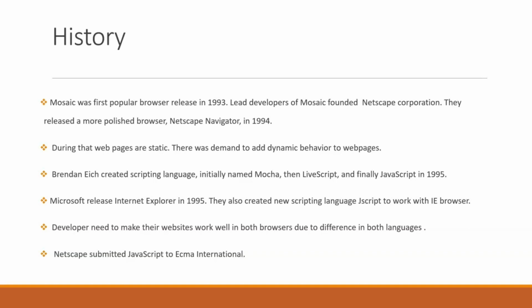After that, Microsoft also released a browser with the name Internet Explorer in 1995 only, and they also created a new scripting language, JScript, to work with only the IE browser.